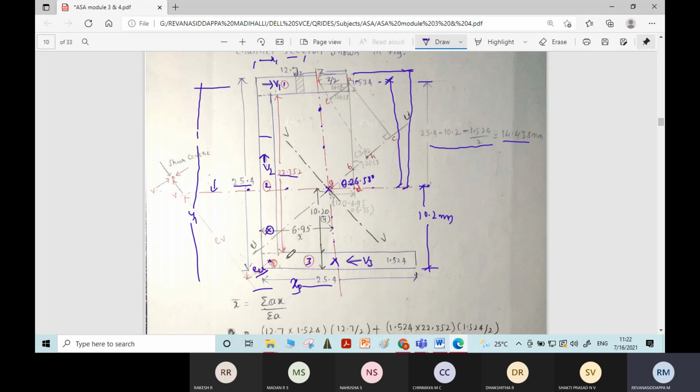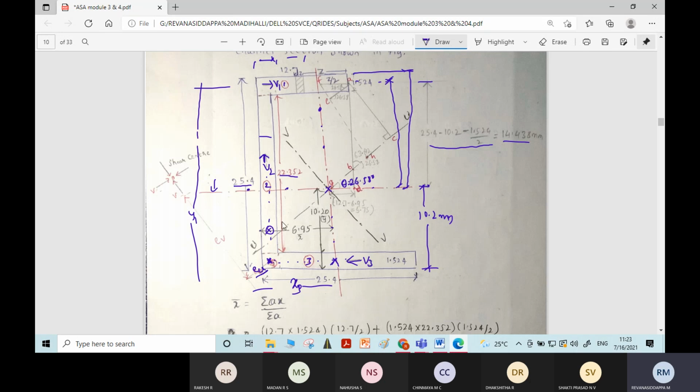Now if you take the sum of moments of all these shear forces V1, V2 and V3 about this point, the moment of V3 about this point becomes 0 because the point lies in the line of action of the force, and the moment of V2 about this point becomes 0 because the point lies in the line of action of the force. You get only the moment of shear force V1 about this point.